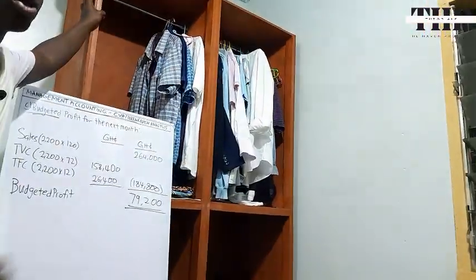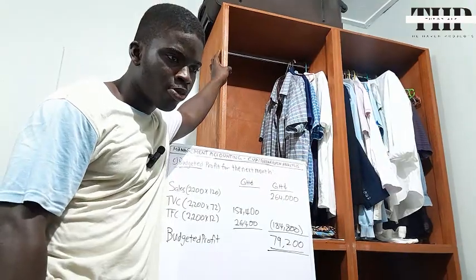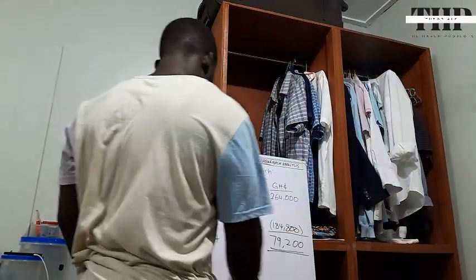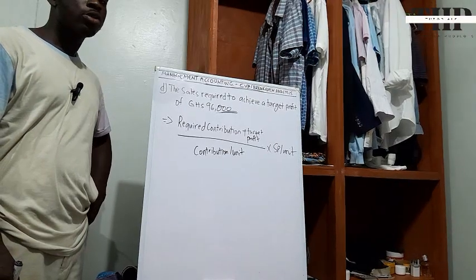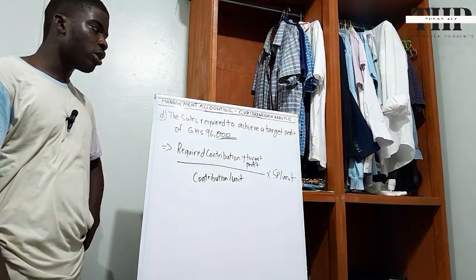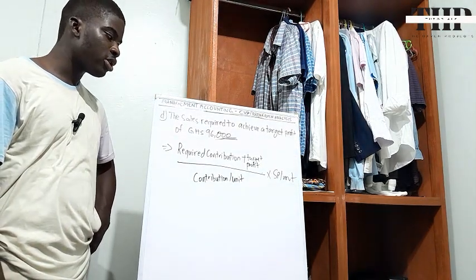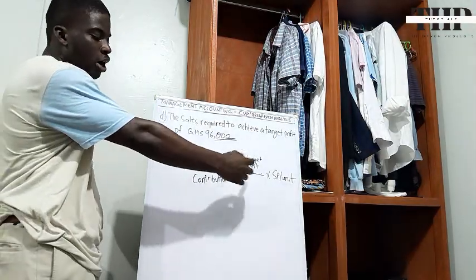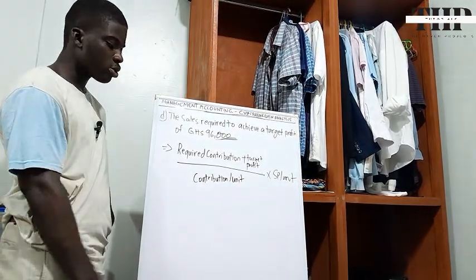So now we are going to compute the sales required to achieve a target profit of 96,000 Ghana cedis. This is the same formula: the required contribution plus the target profit, all over the contribution per unit, times the selling price per unit.